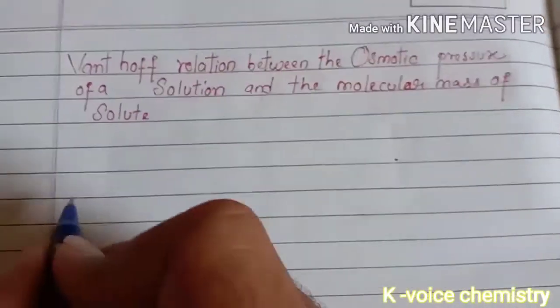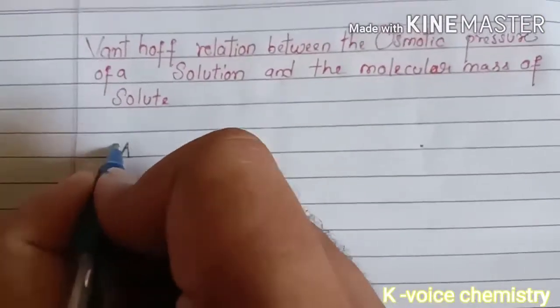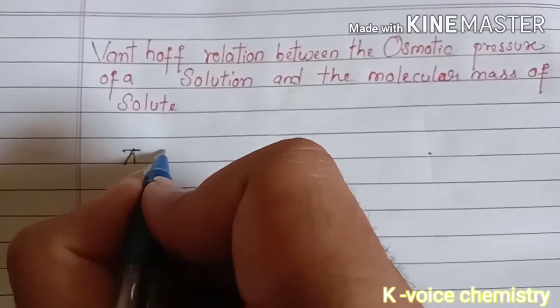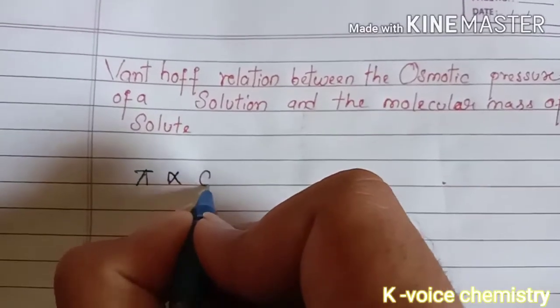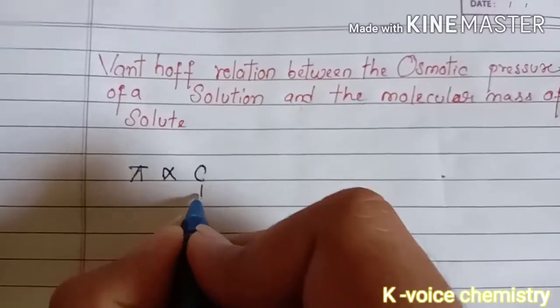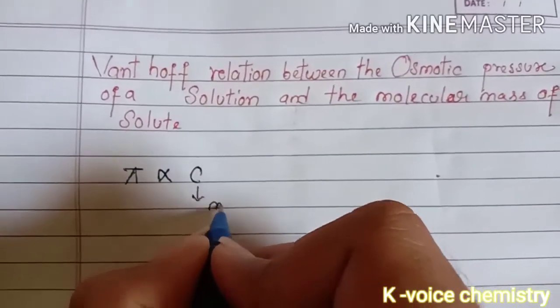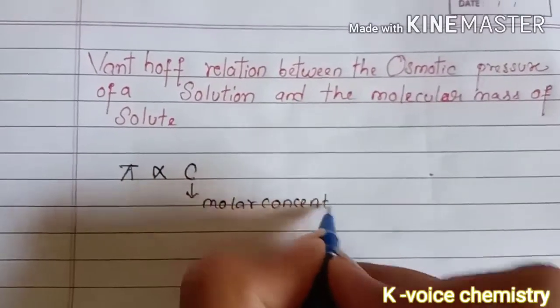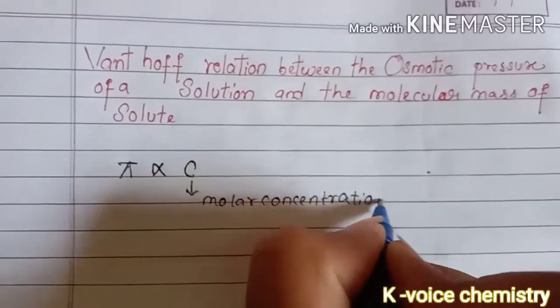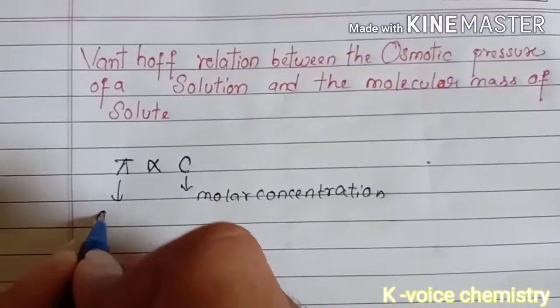Okay, so osmotic pressure, we have seen earlier, was directly proportional to C. What is this C? This C is the molar concentration, and this pi is the osmotic pressure.